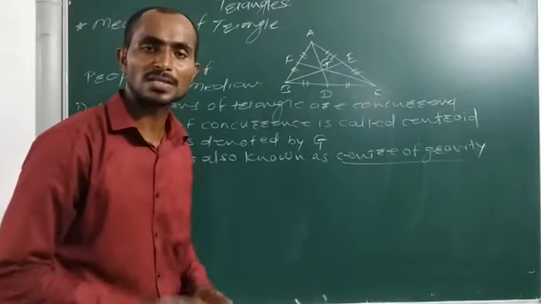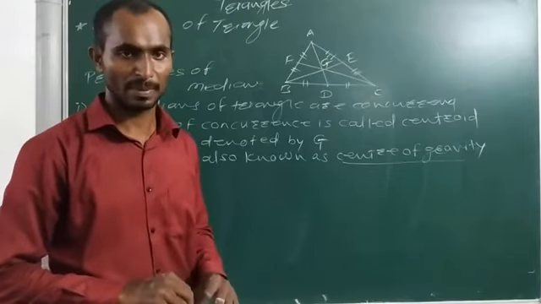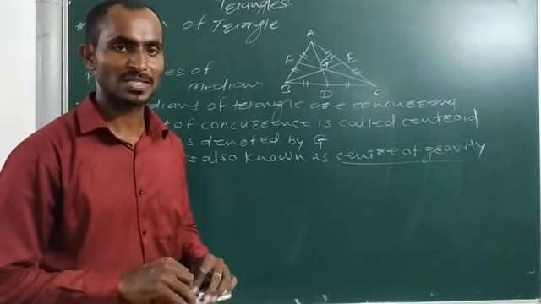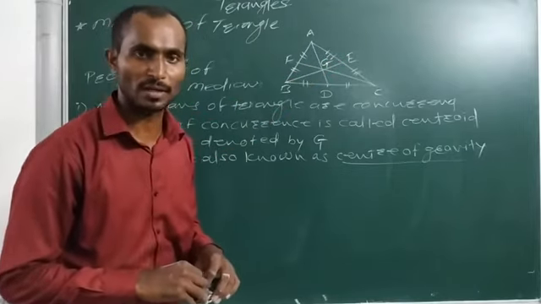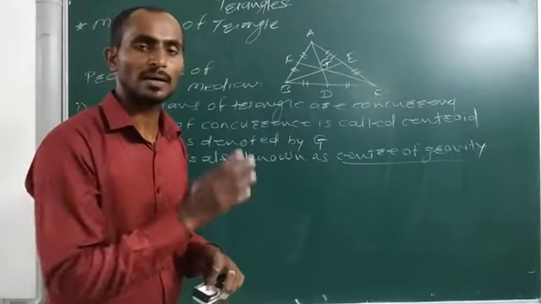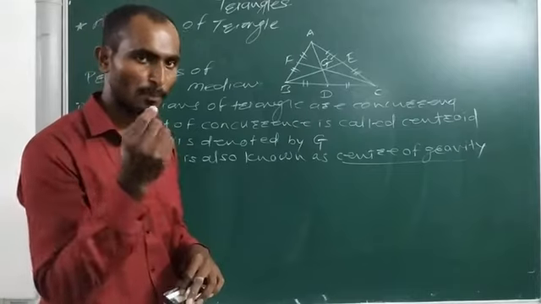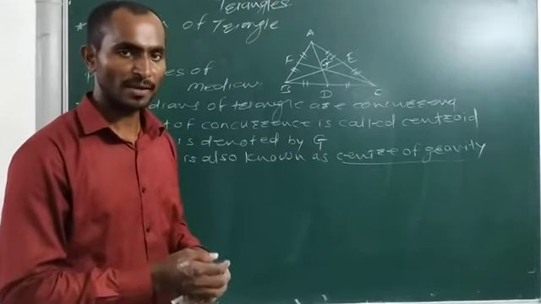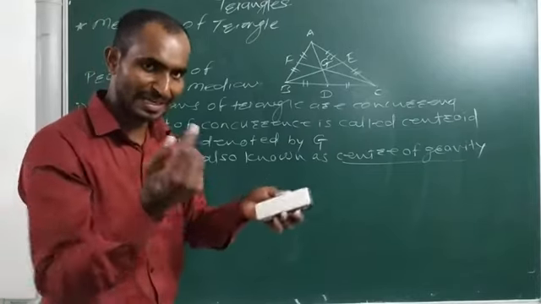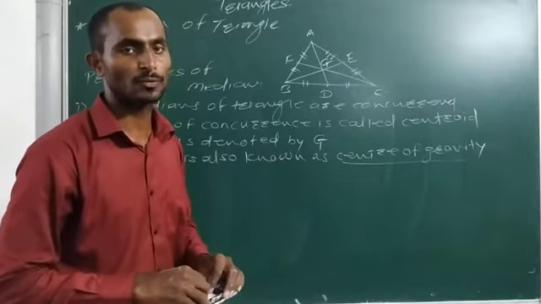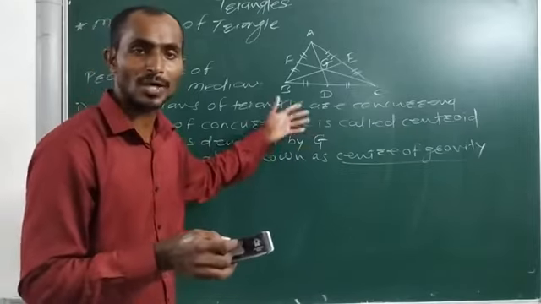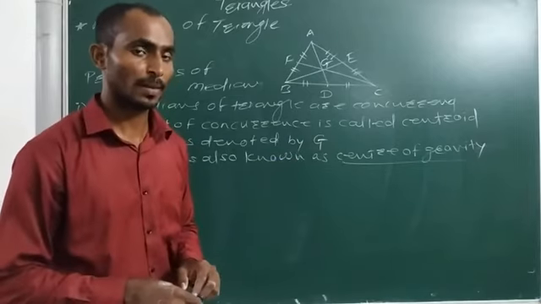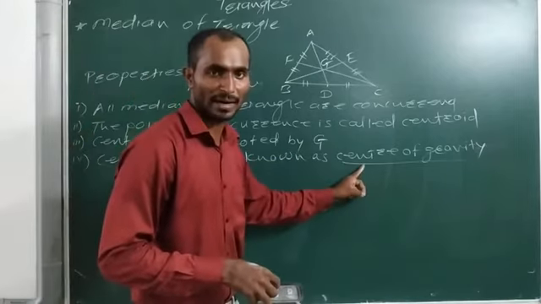Why is the centroid called the center of gravity? If we cut a plywood in the triangular shape and draw three medians of it, we get one point of intersection. If we place that point exactly on the tip of a pen, we get the exact balance of the whole triangular lamina at the single point. It means the centroid is the center of gravity.